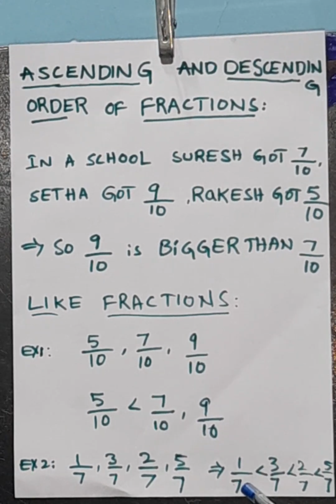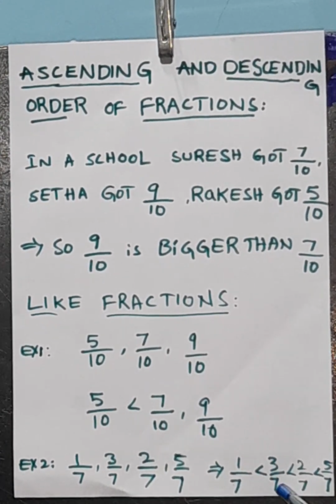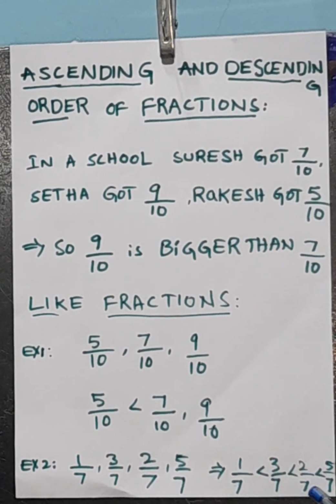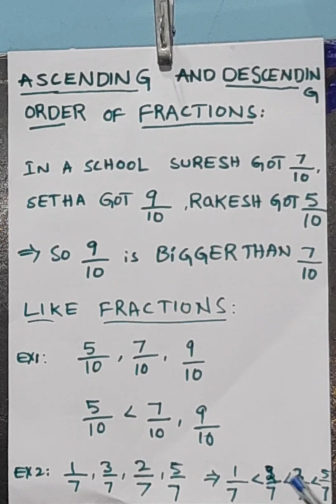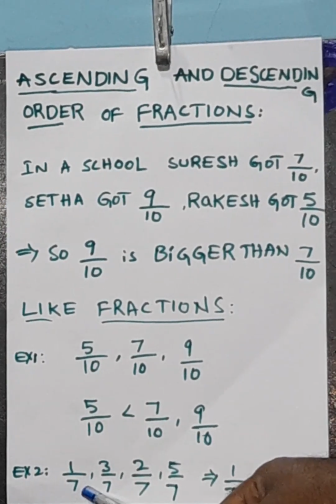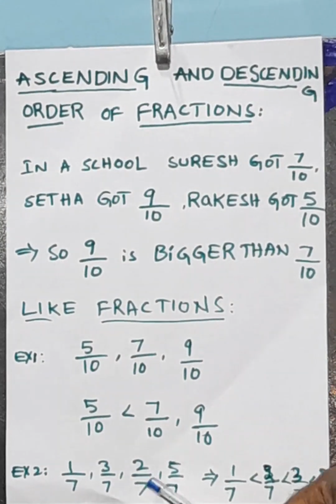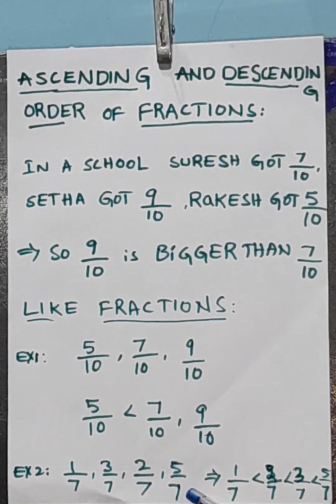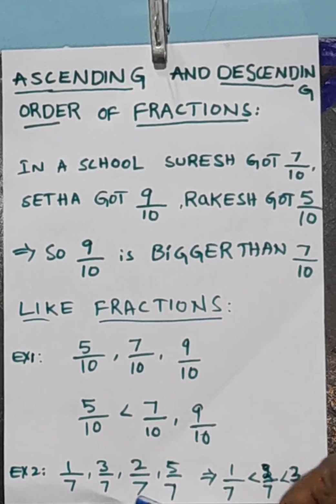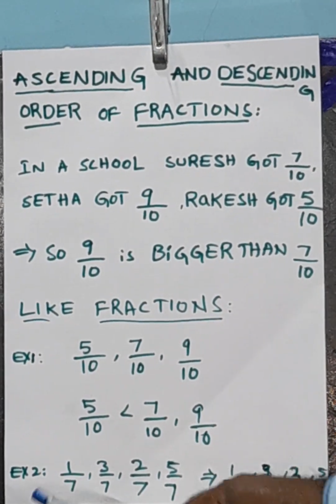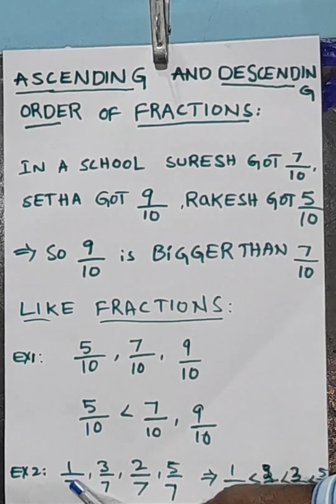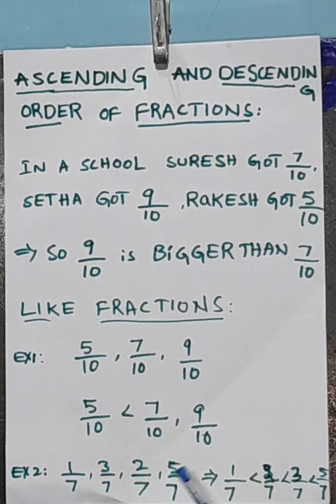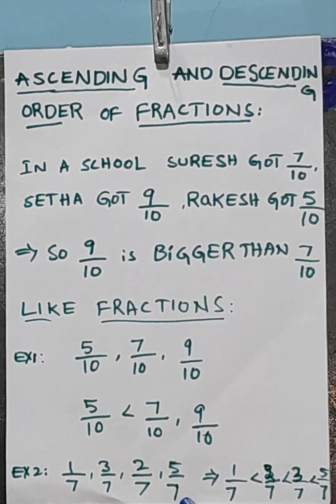First I am writing 1 by 7 is less than 3 by 7 is less than 2 by 7. Sorry, I wrote that wrong. So in this example, 1 by 7, 3 by 7, 2 by 7 and 5 by 7, simply we can find the smallest and biggest fraction. 1 by 7 is the smallest fraction, 5 by 7 is the biggest fraction.